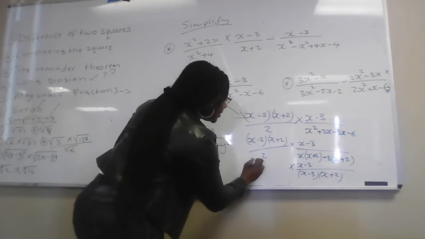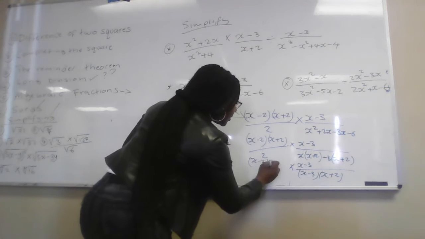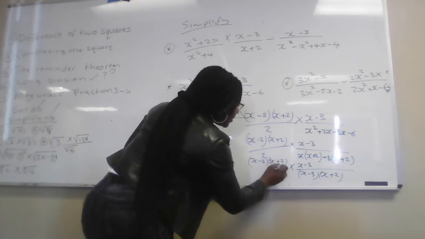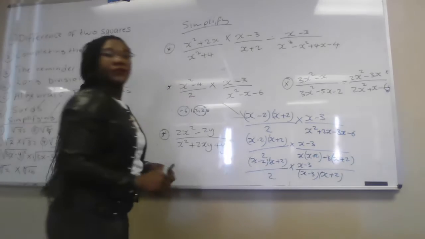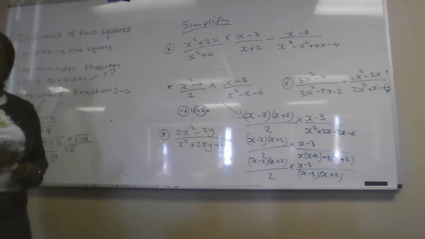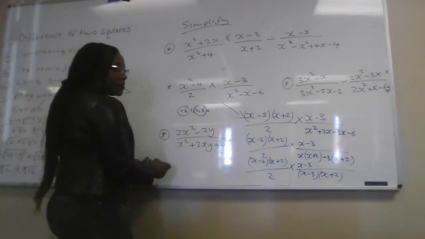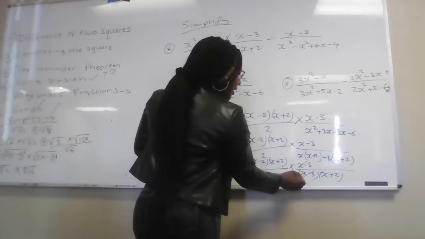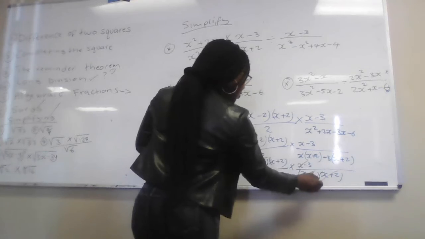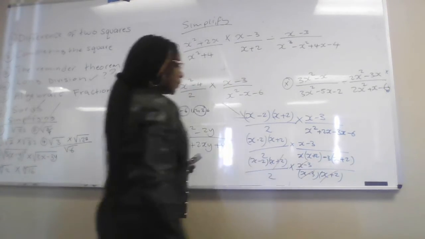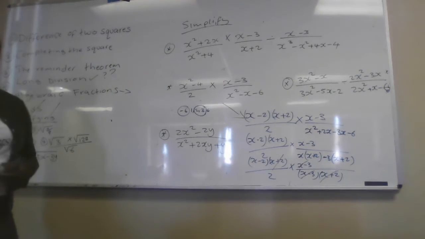On this side, it's x minus 2, x plus 2 divided by 2. Then we can cross multiply or cancel out. What are we cancelling out? It's this one into that, x plus 2 with x plus 2.